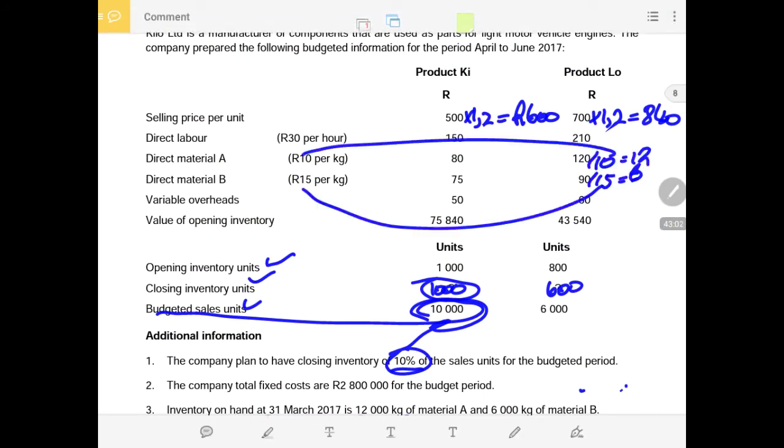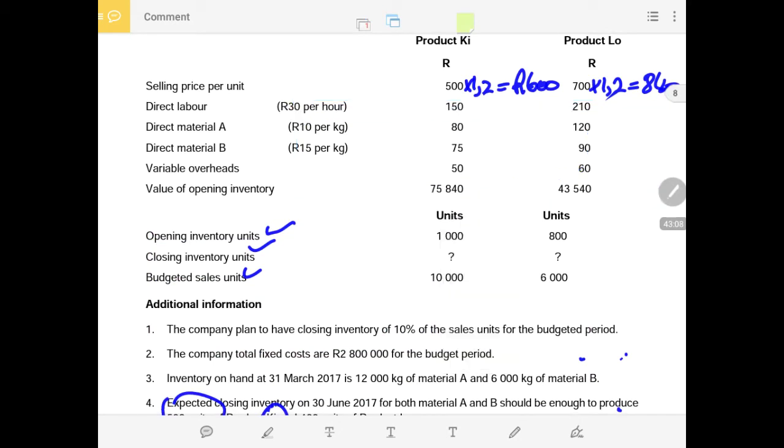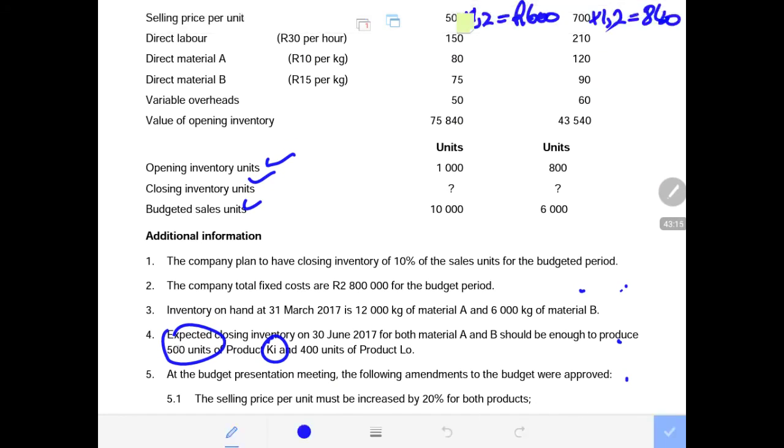They did not give us closing inventory of raw material, but they told us how to calculate it, because they said the closing inventory of the raw material must be enough to manufacture 500 units of product KI and must be enough to manufacture 400 units of product LO.